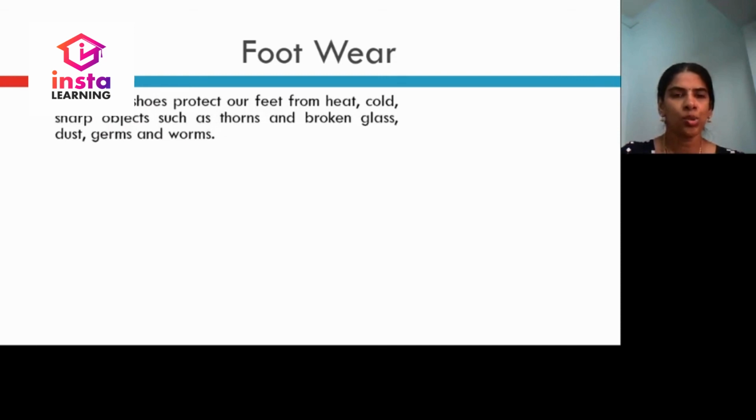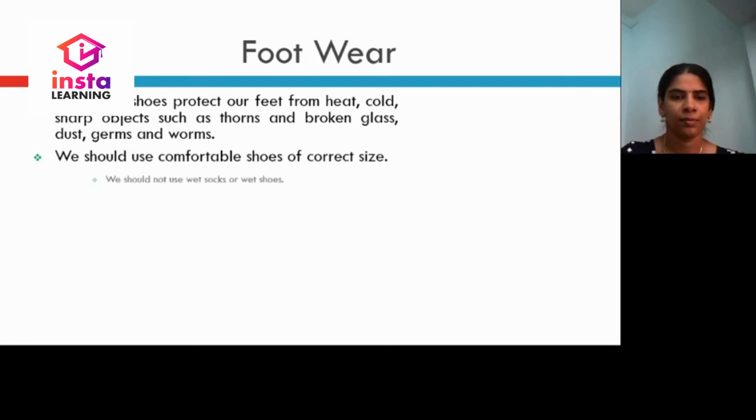Socks and shoes protect our feet from heat, cold, sharp objects such as thorns and broken glass, dust, germs and worms. We should use comfortable shoes of correct size. We should not use wet socks or wet shoes.